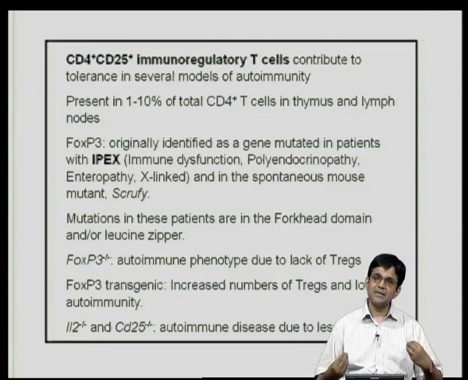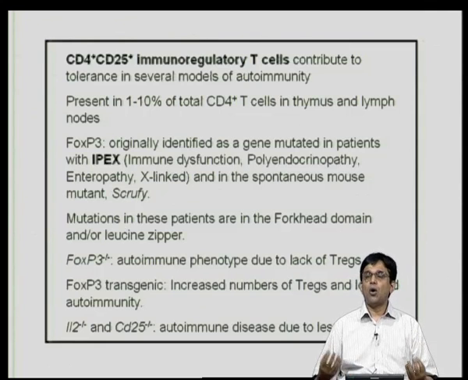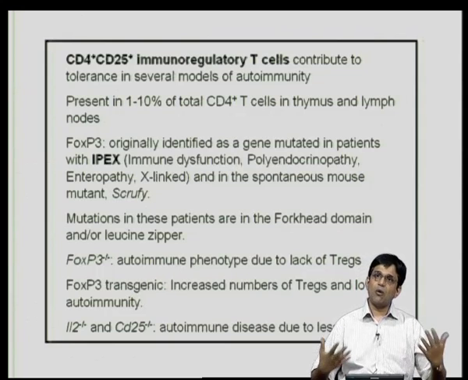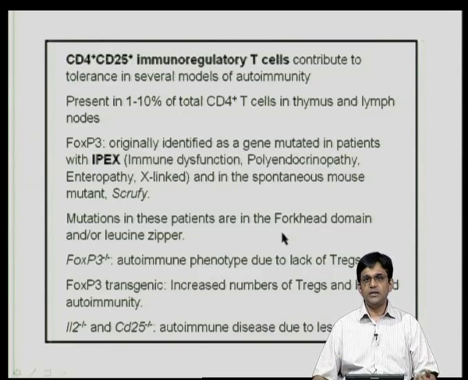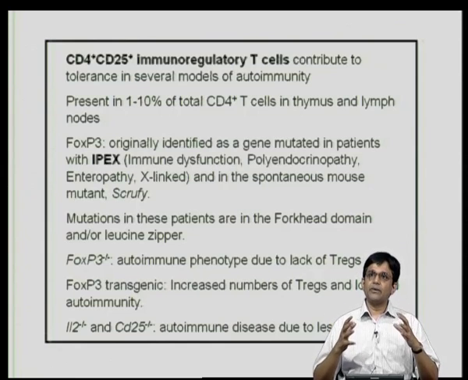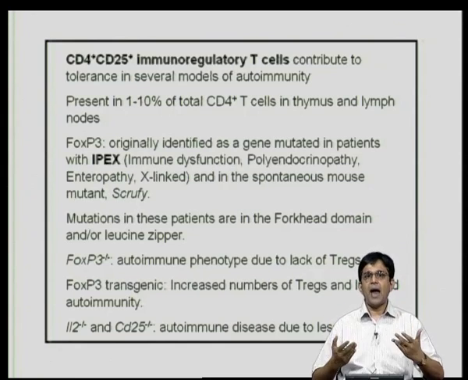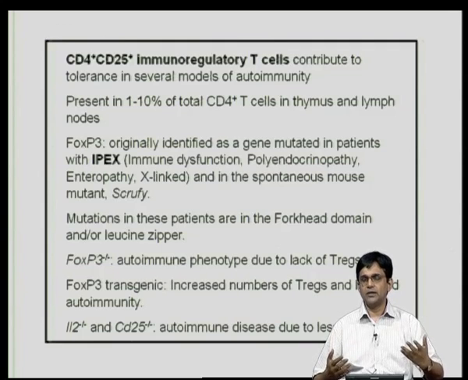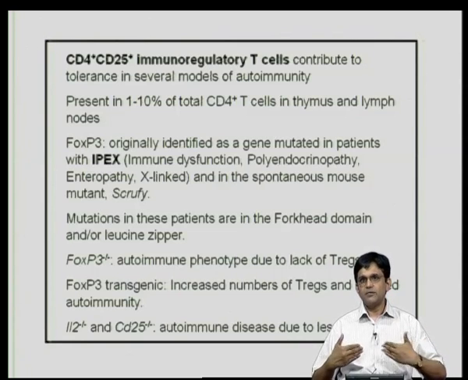So, if you have mice that are mutants in IL-2 or CD25, then you again see an autoimmune phenotype, because of the lowered numbers of T regulatory cells. So, clearly there is a big link between regulatory T cells and autoimmunity, and the different genes involved are FOXP3, the key transcription factor, and IL-2 and IL-2 receptor, which play an important role.